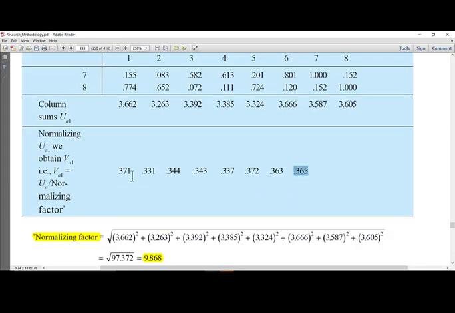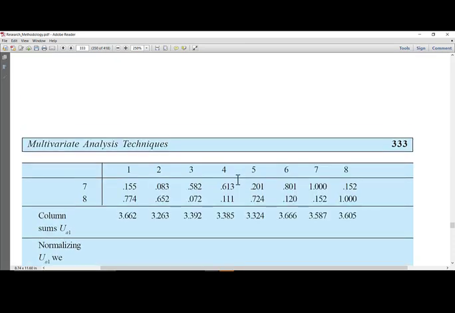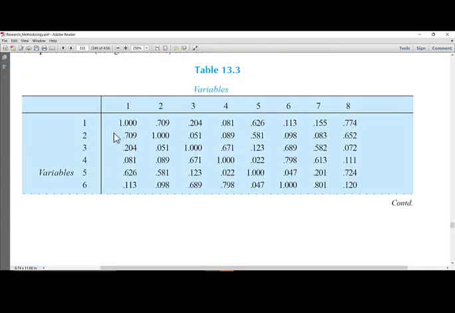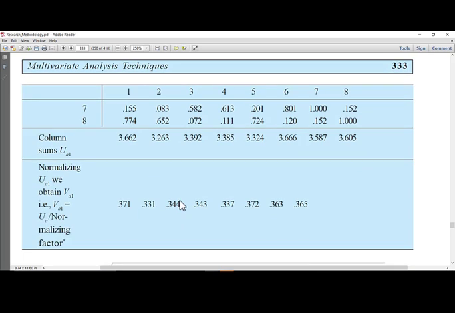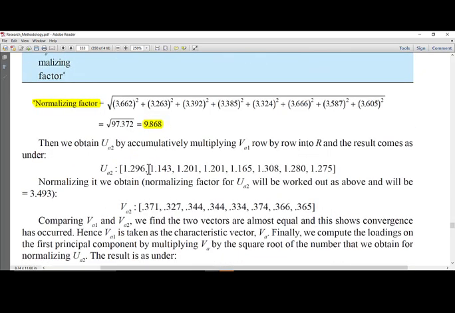This way we have done. This VA1 is multiplied with this first row, and when we have done this exercise, we have this value, 1.296.